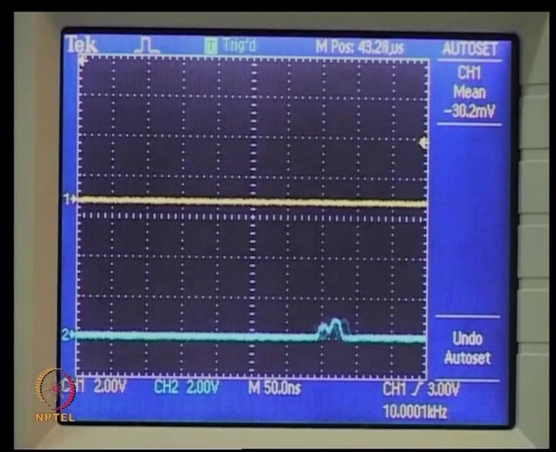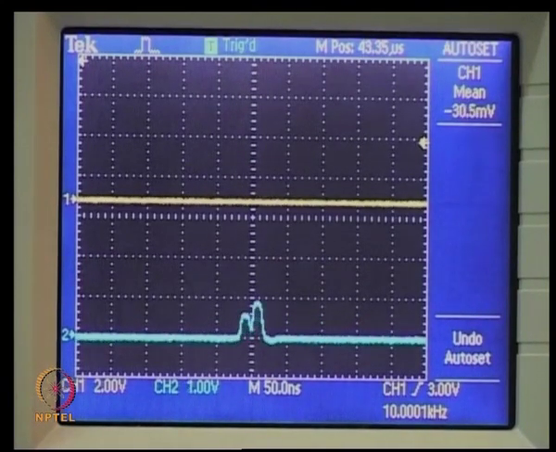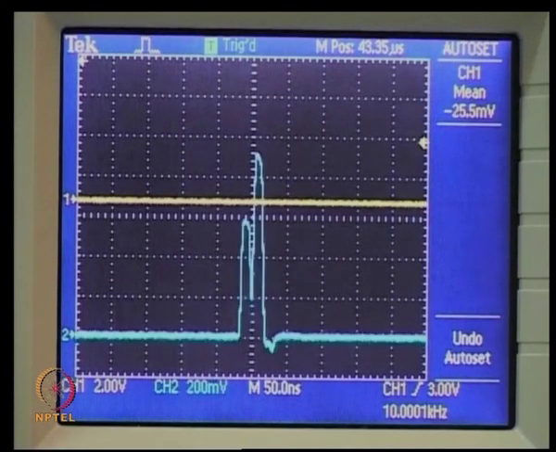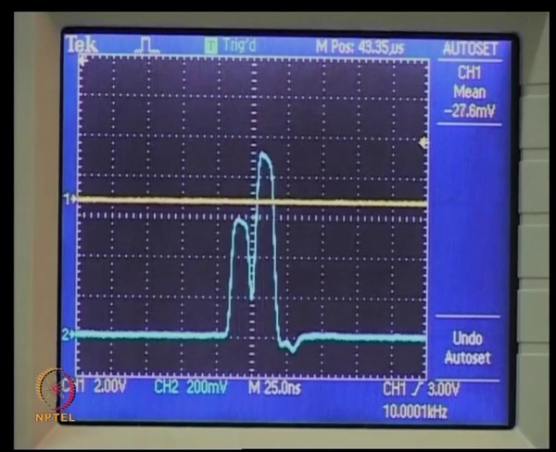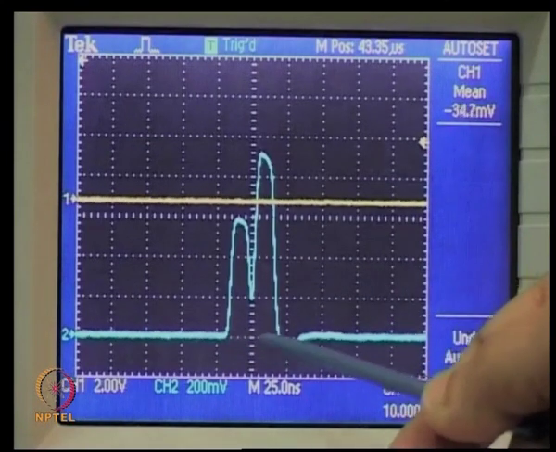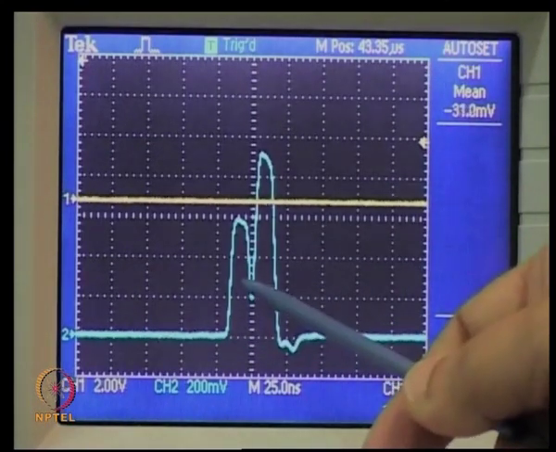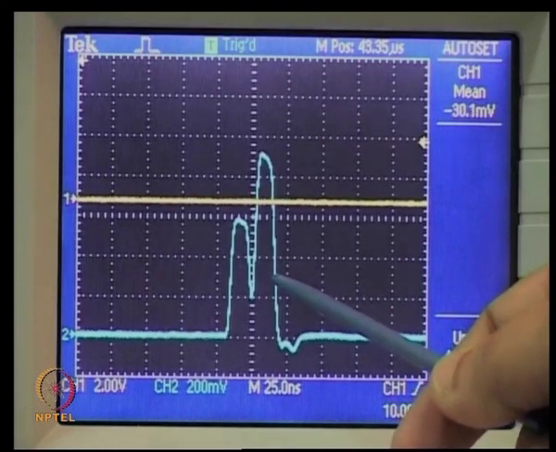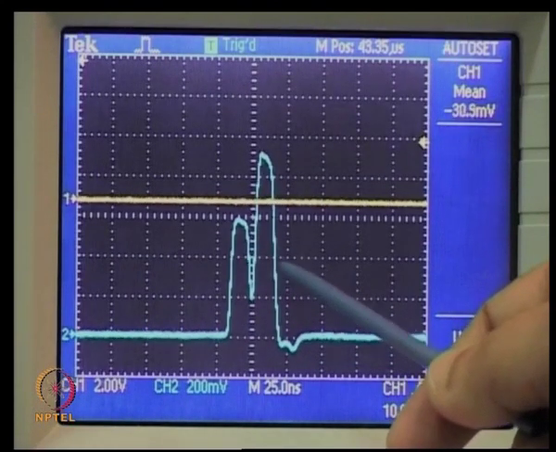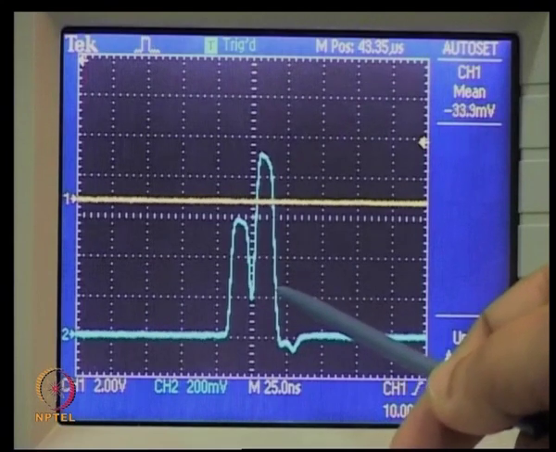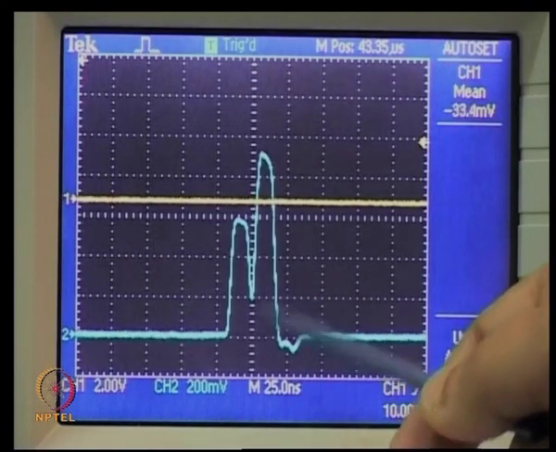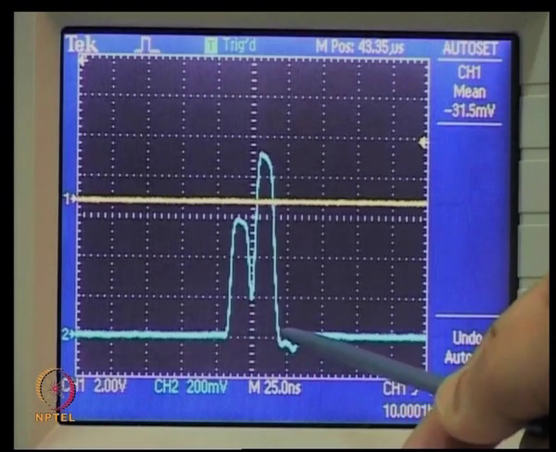Here we can clearly see the splitting of the pulse in two. Here we can clearly see the effect of chromatic dispersion, since the 1550 nanometer signal and the 1310 nanometer signal travel at different velocities. So we get a splitting of the pulse.